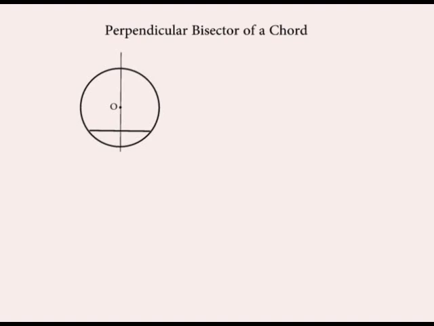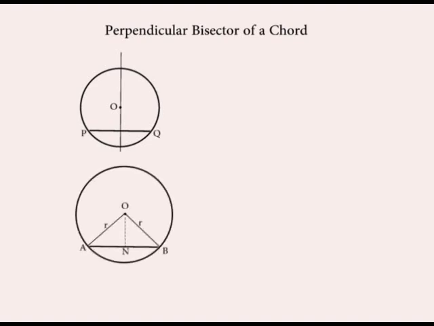Consider a circle of radius R and center O. OA is equal to OB and is equal to the radius of the circle. AON is a right angled triangle at N. According to Pythagoras' theorem, AN squared is equal to R squared minus ON squared.